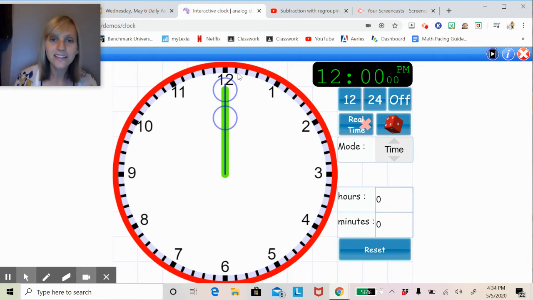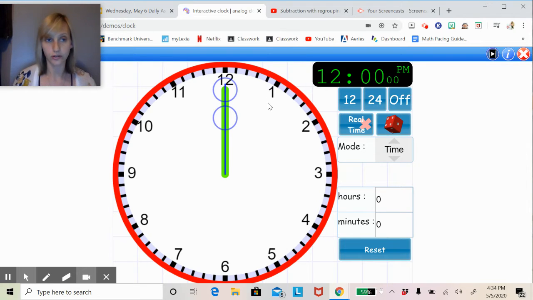All these little lines right here represent 1 minute. So if you count them, let's count them. 1, 2, 3, 4, 5. Okay, so when we get to a number on our clock, we have 5 minutes. So between every single hour on here that's represented right here, there's 5 minutes.